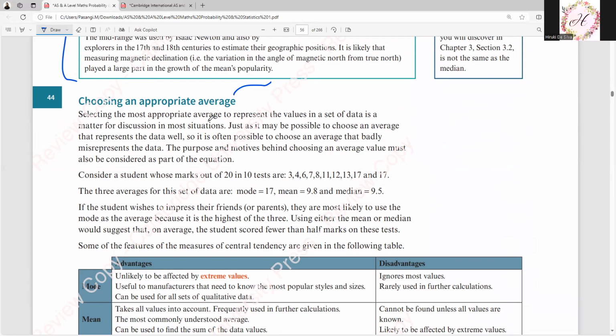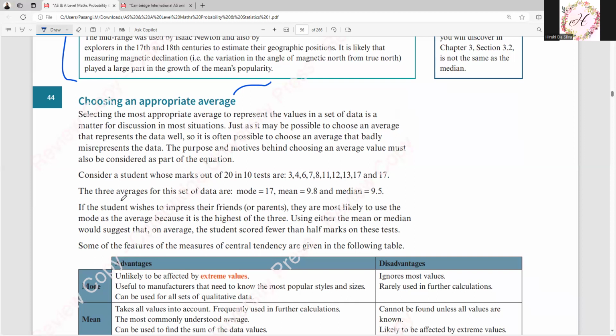Selecting the most appropriate average to represent the values in a set of data is a matter for discussion in most situations. Just as it may be possible to choose an average that represents the data well, it is often possible to choose an average that badly misrepresents the data. The purpose and motives behind choosing an average must also be considered.